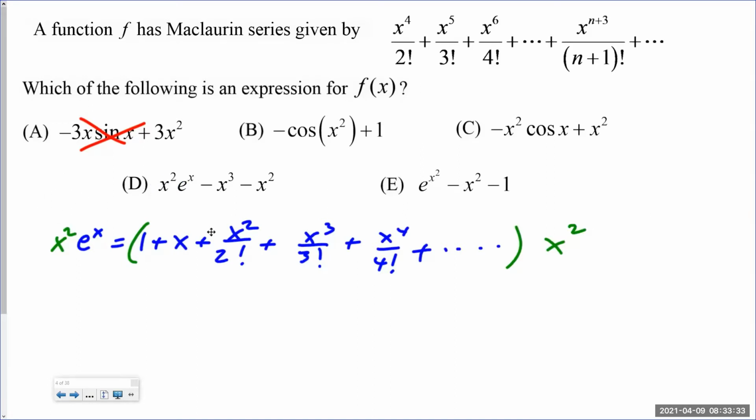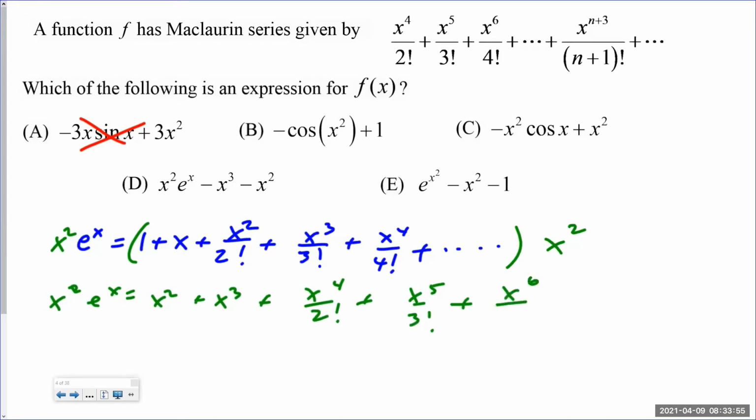Okay, if you add or subtract, you just tack it on the end. But when you multiply, you actually have to distribute. Okay, so this is going to be x squared plus x cubed plus x to the 4. Okay, x squared times x squared, you add the exponents. X squared times x cubed, you add the exponents. Oops, that's a 3. And x squared times x to the 4, you add the exponents.